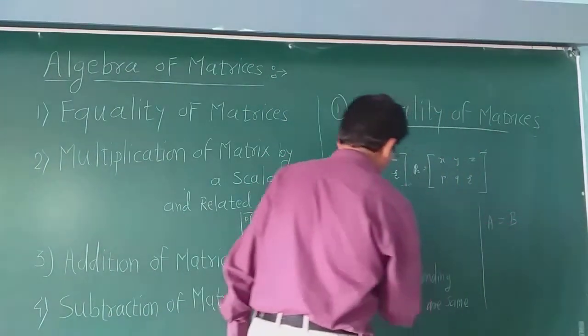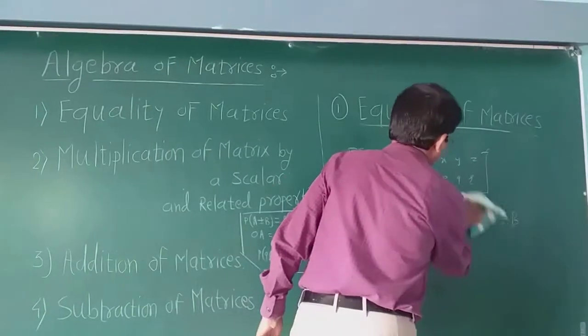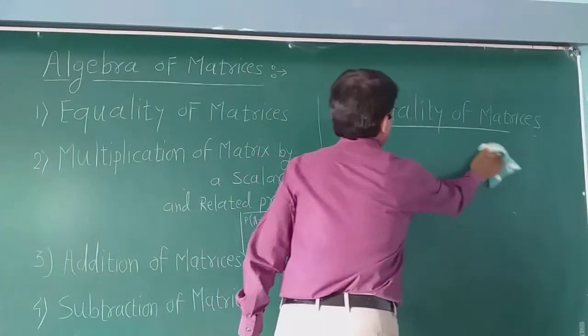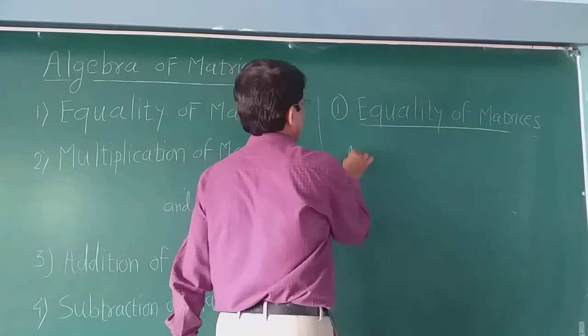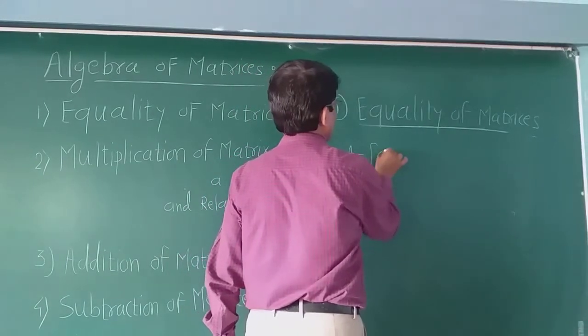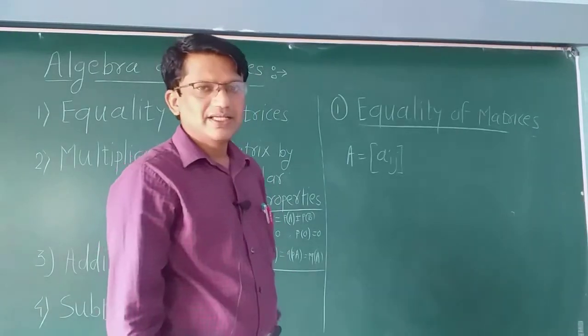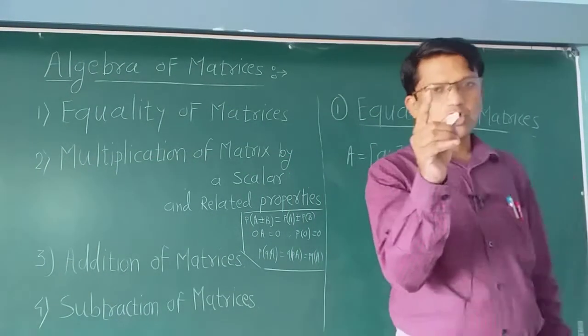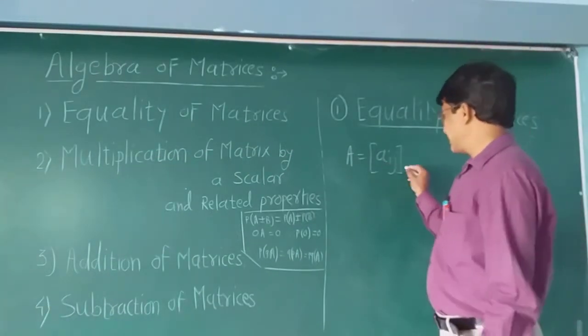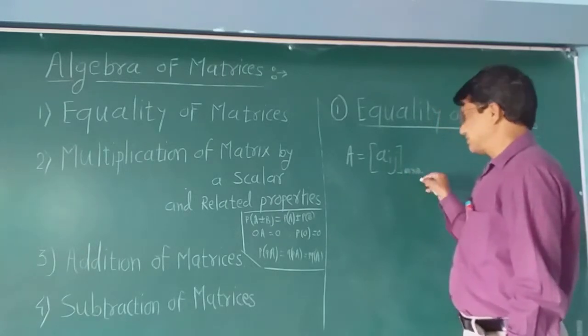Okay, so in general we can say capital A equal to aij, and the order of this matrix is suppose m by n.